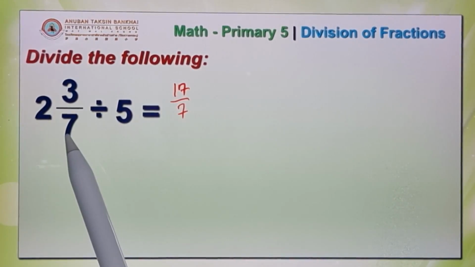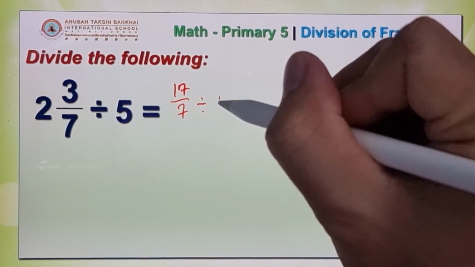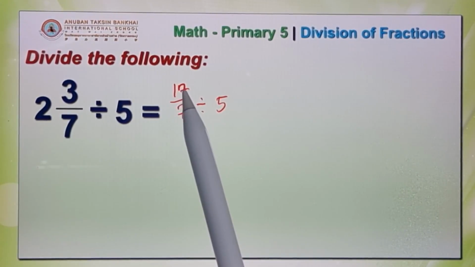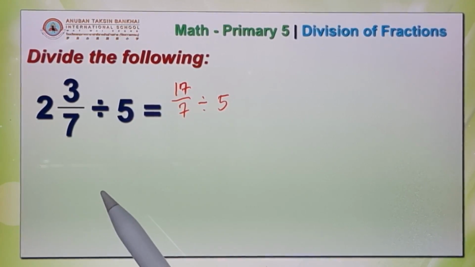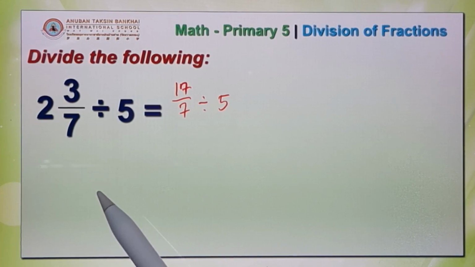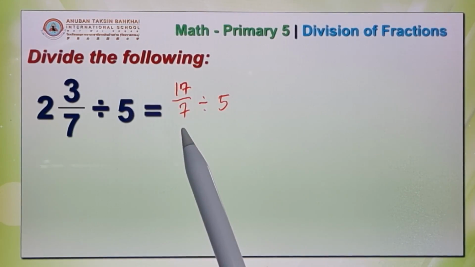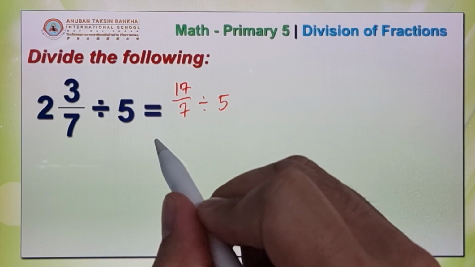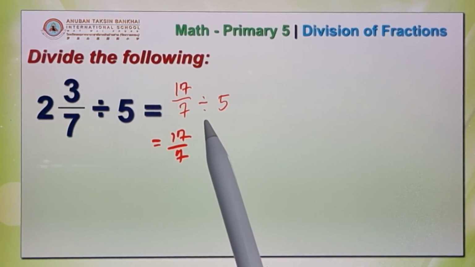Okay, let's change this one first, and let's just copy that. So we have 17 over 7 divided by 5. So now we can use our 3 steps. Copy, change, invert. So the first number here, we are going to copy. So we have 17 over 7.